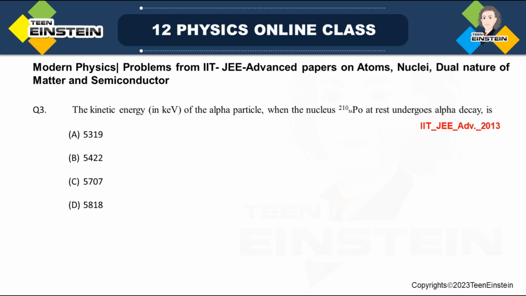The kinetic energy of the alpha particle when a nucleus of polonium at rest undergoes alpha decay is. So look here, this is polonium. It has atomic number 84 and mass number 210.